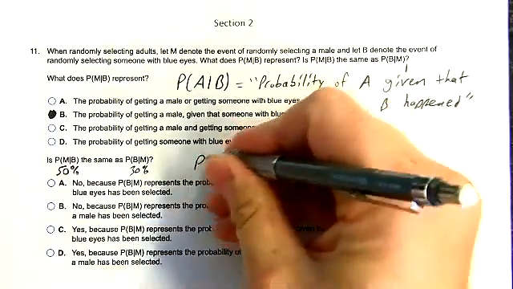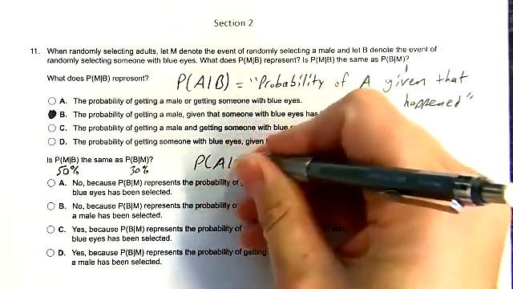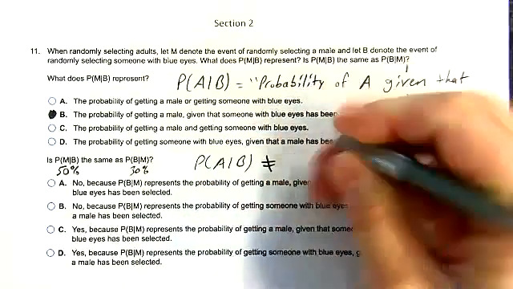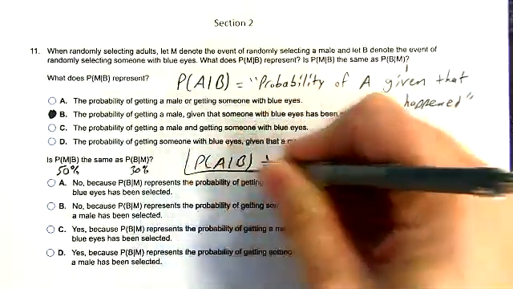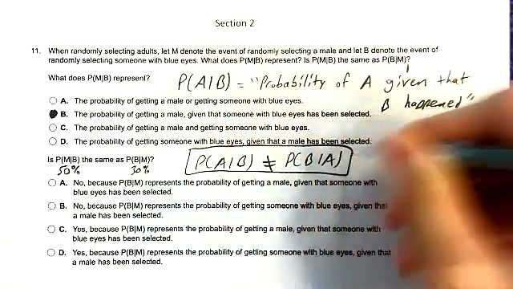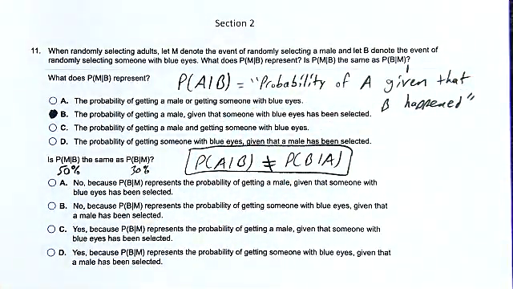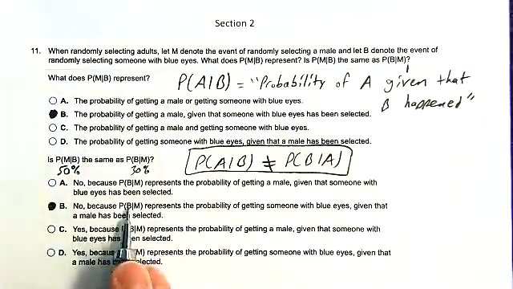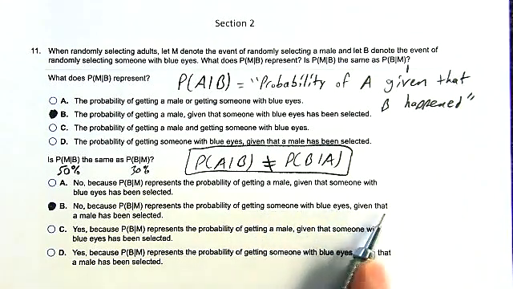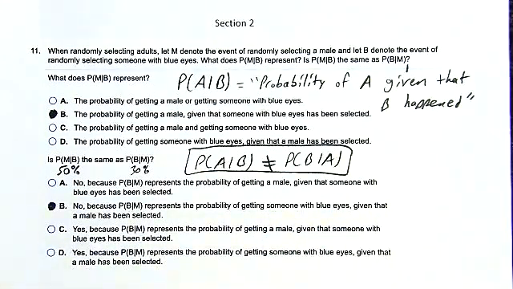So generally speaking, we're going to say the probability of A given B is not the same as the probability of B given A. Again, they might be equal, but it's unlikely. So this would be B again. No, because the probability of someone having blue eyes given that they're male represents the probability of getting someone with blue eyes given that a male has been selected.